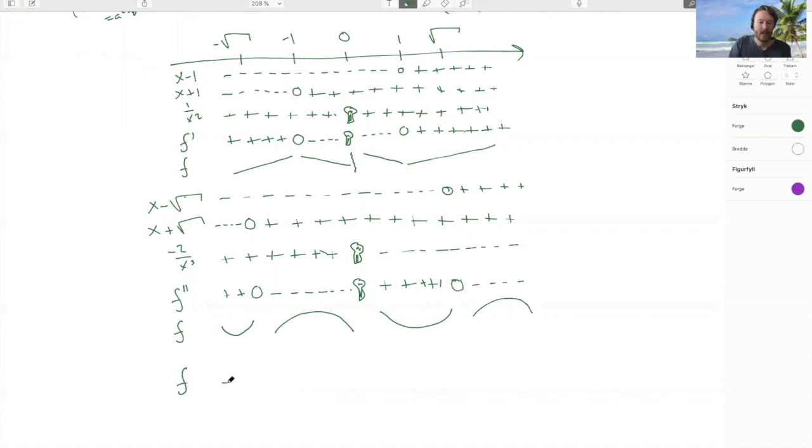So if we now try to combine this and this, then what do we see on f? So we're increasing here, being happy, we're increasing being less happy, and then we have our maximum point here, and then we're becoming less and less happy like this until we reach here. So we don't know if we're diving into an asymptote here or we're diving towards some point.